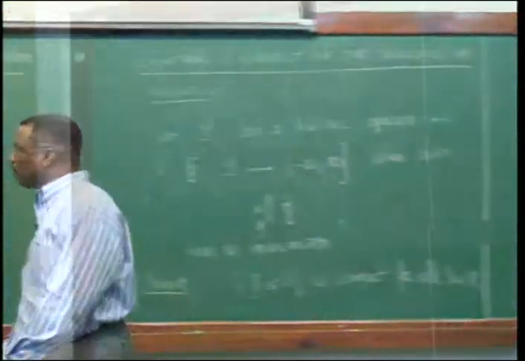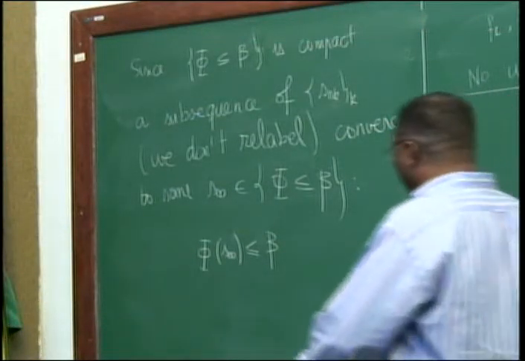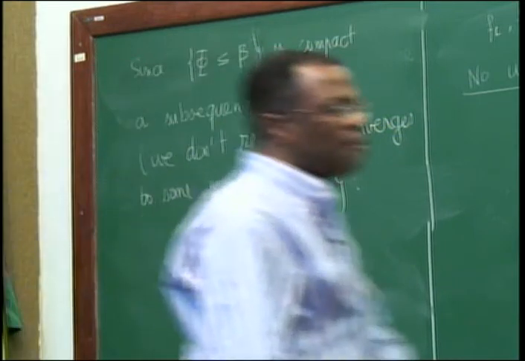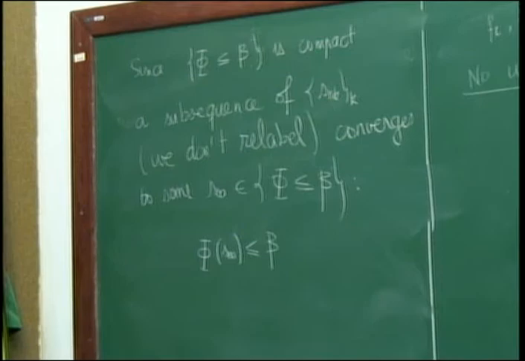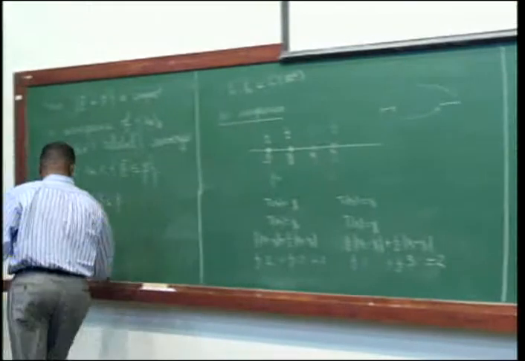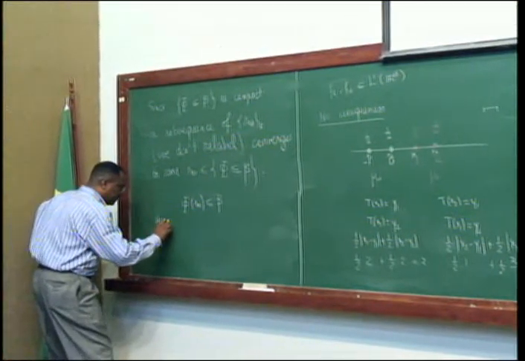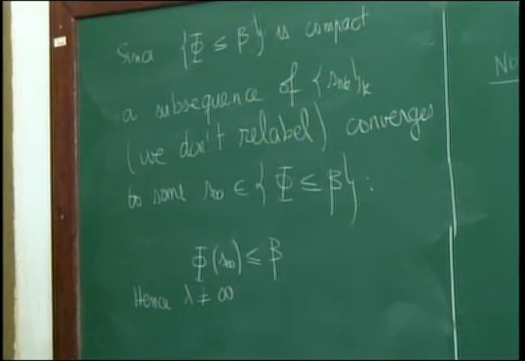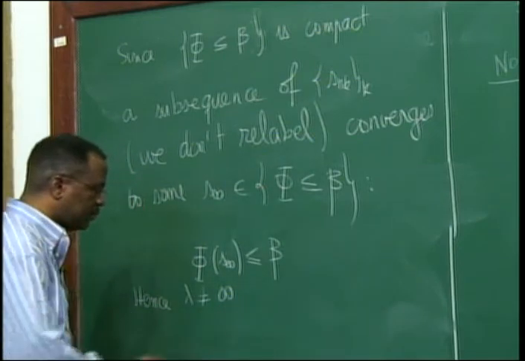Otherwise, I will have proven that phi of S_infinity is less than beta for every beta greater than lambda, and so phi of S_infinity must be negative infinity. But by assumption, phi can never achieve the value negative infinity. So I can conclude that lambda is not negative infinity.